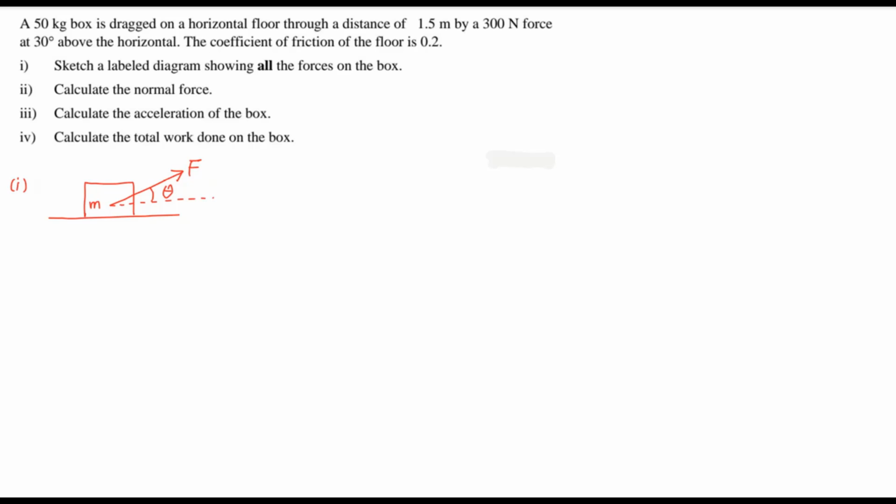The other one is the frictional force, F. Next is the weight, mg, and last is the normal force, N.